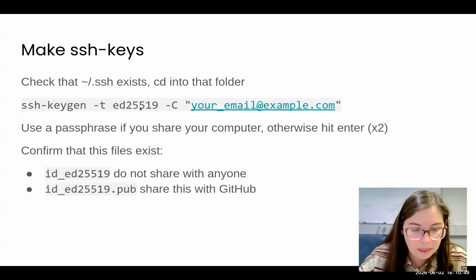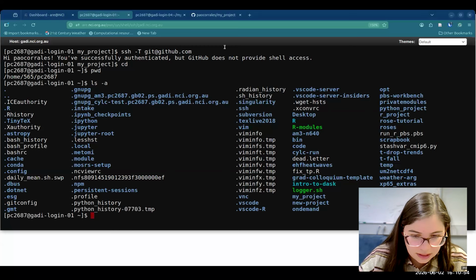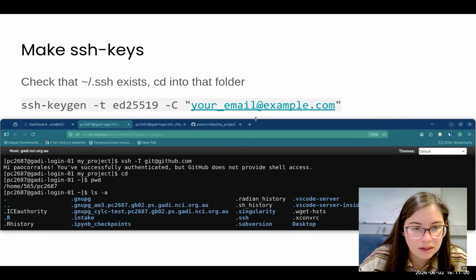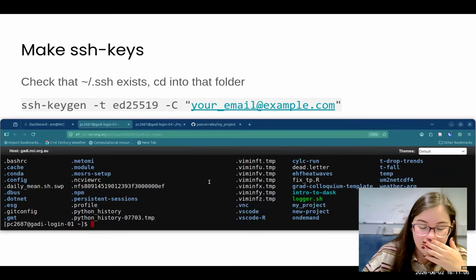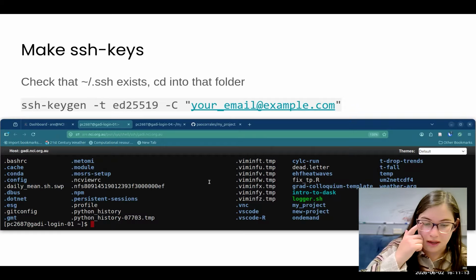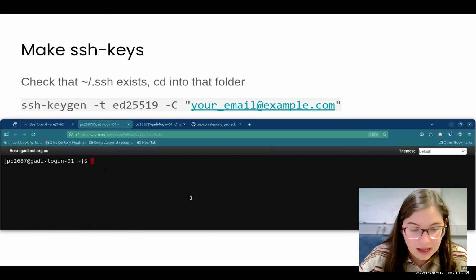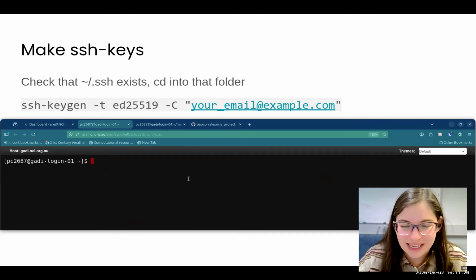Second step, we're going to write this. If people got permission denied when trying to check the connection with GitHub, it means that you haven't set up your SSH keys and you have to follow what I'm doing now. So we're going to create this SSH key that I've been mentioning and repeating, but I haven't said what it is.